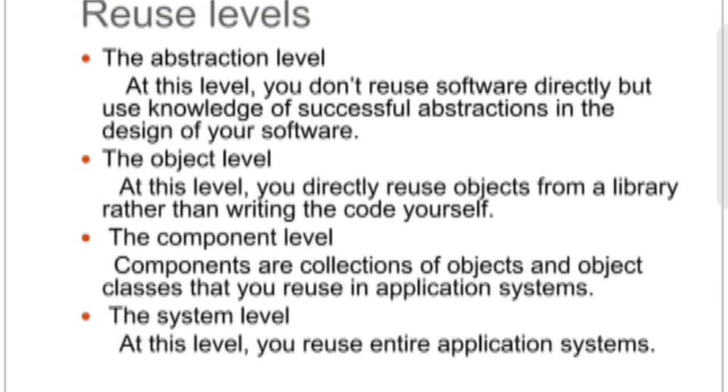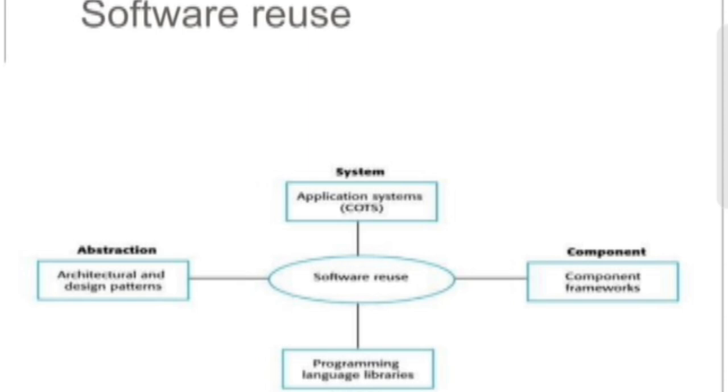Reuse levels: the abstraction level. At this level, you do not reuse software directly but use knowledge of successful abstractions in the design of software. Software reuse is defined in this diagram: system, application system, abstractions, components and objects.